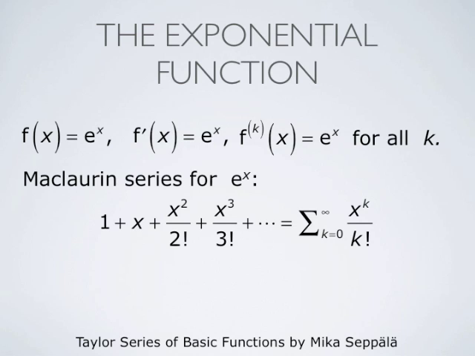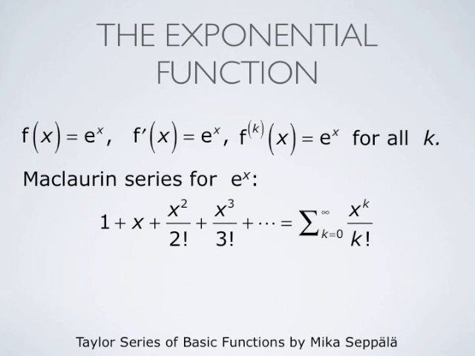Therefore, the Taylor series at x = 0 for the exponential function e^x, that is the Maclaurin series for the function, is 1 plus x squared over 2 factorial plus x cubed over 3 factorial plus and so forth. That is summation k from 0 to infinity, x^k divided by k factorial.